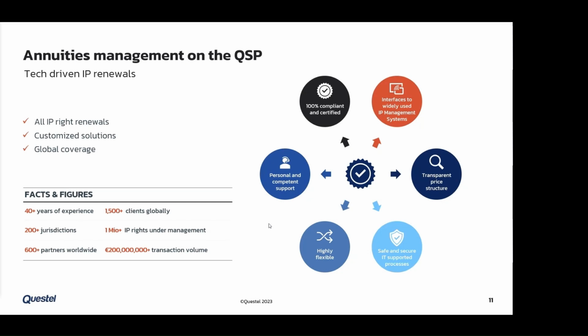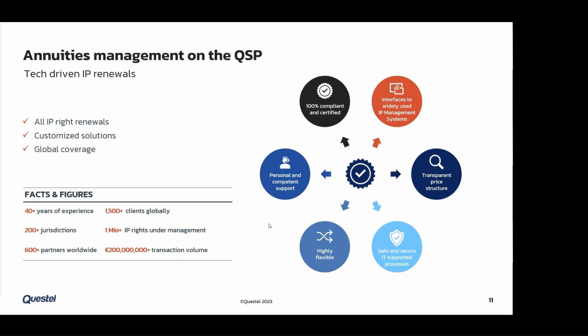And on this slide, just some basic information on Questel's IP renewals offer. A few things I wanted to mention. We're very tech-driven, so you can see we're already planning the connection to the QSP.